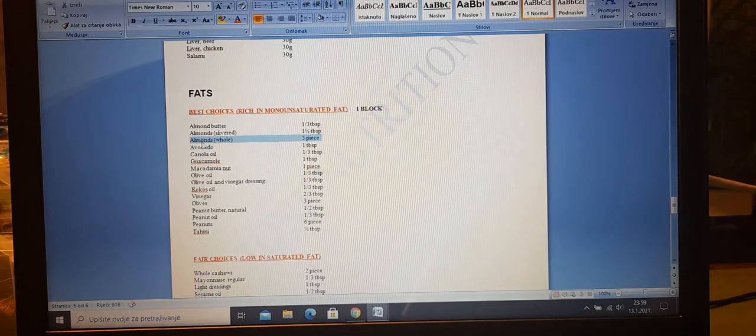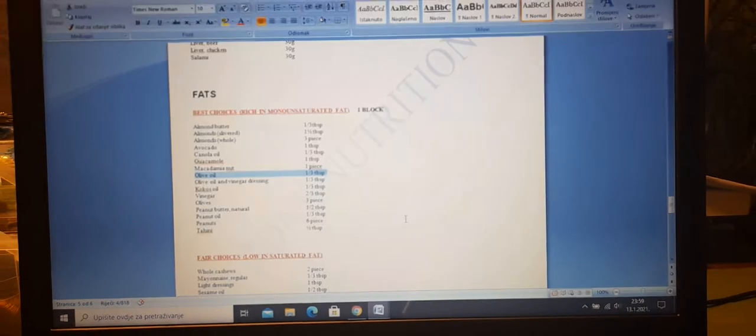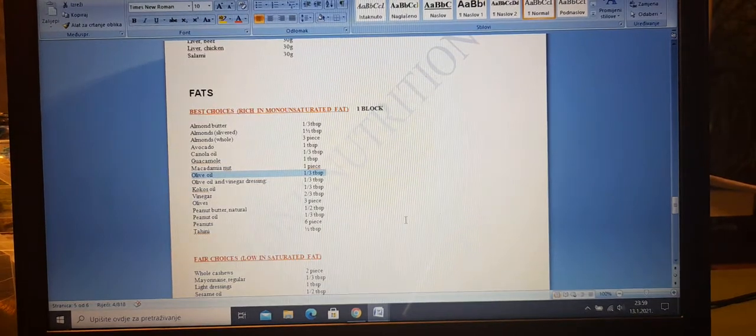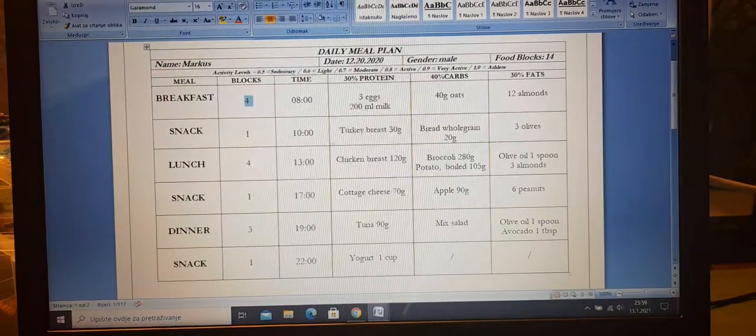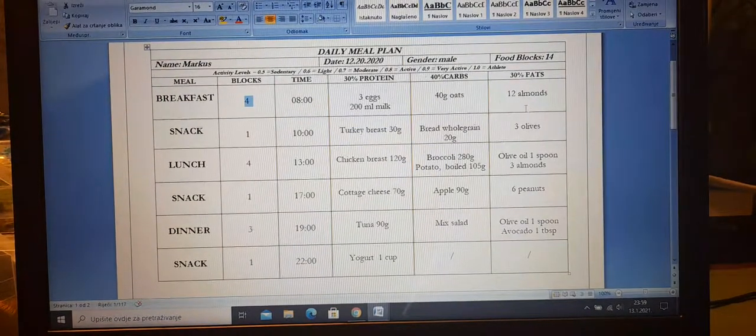So I can take 3 pieces of almonds, then I can take 1 tablespoon of avocado, 1/3 of a tablespoon of olive oil. So I could take 4 different foods, or I can take everything from one, or however you want. This is very flexible, but it's important that in total you have 4 blocks for each of the macronutrients.